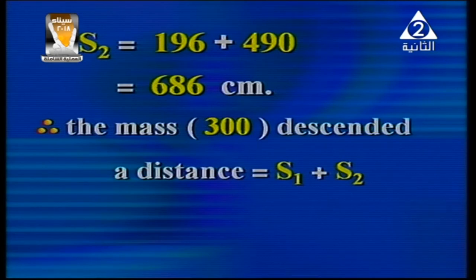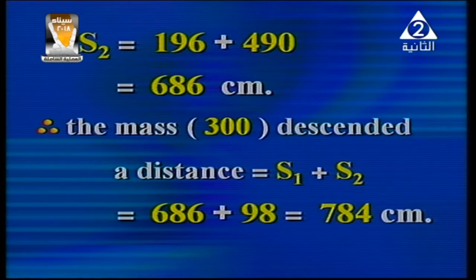Find the value of s2: 196 plus 490 is 686 centimeter. Then we find the sum of the distances the mass 300 descends, the first distance plus the second distance, s1 98 plus s2 686, then the mass 300 descends a distance of 784 centimeter.